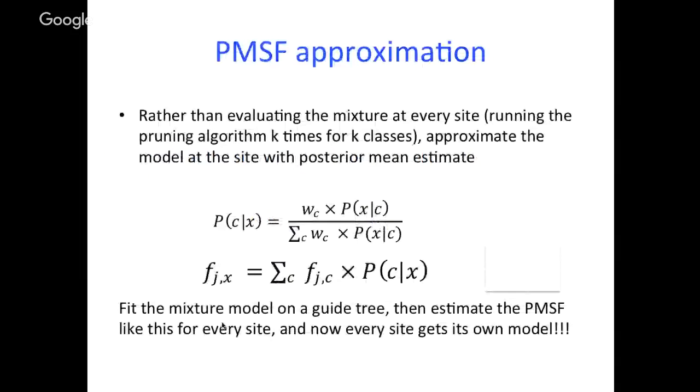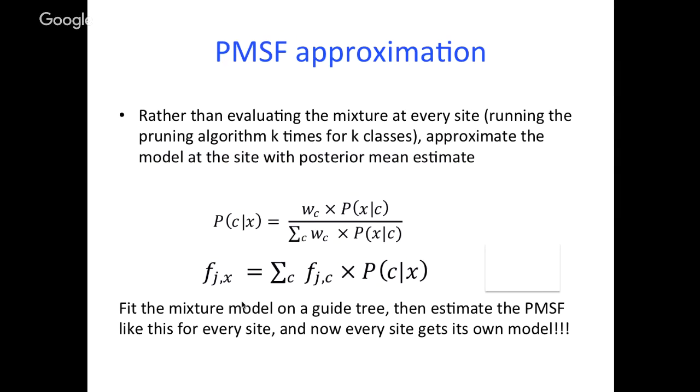So that is basically how it works. So now every site has its own model parameterized by its own site profile that we get by this posterior mean frequency vector.